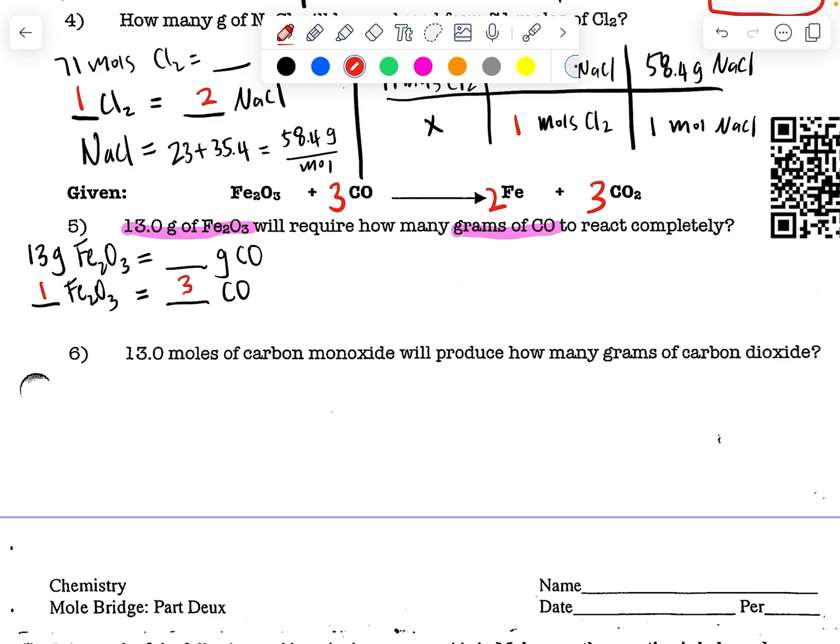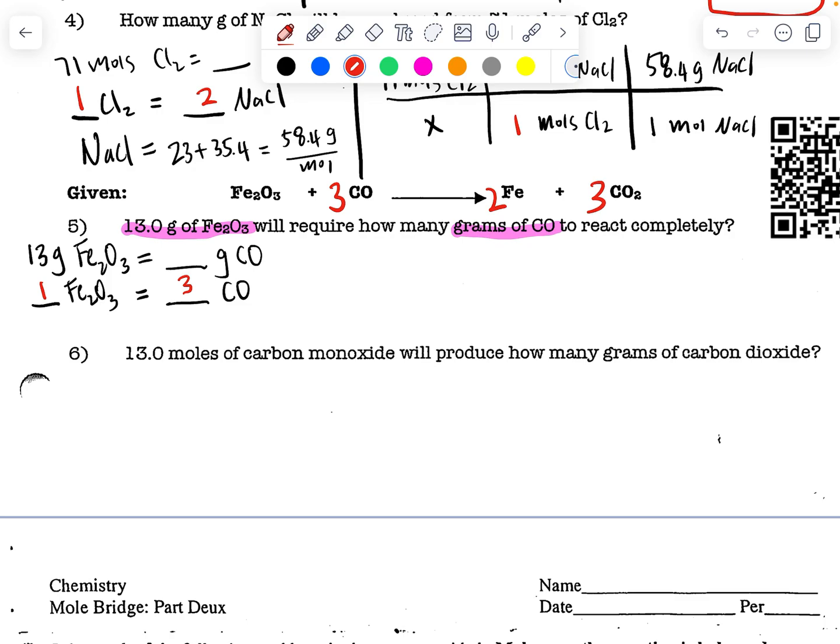I want you to keep in mind, guys, using these mole bridges, it's called a mole bridge for a reason. The reason it's called a mole bridge is because you have to have all the amounts in moles to use the mole bridge. So here's what I mean by that.